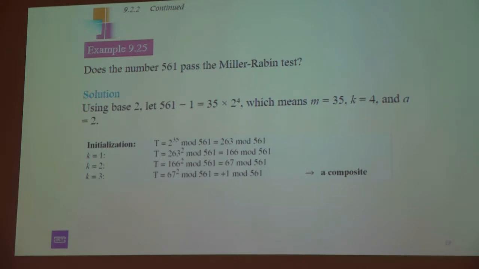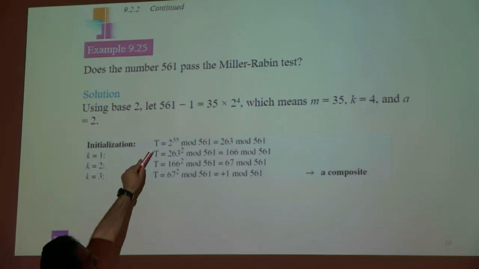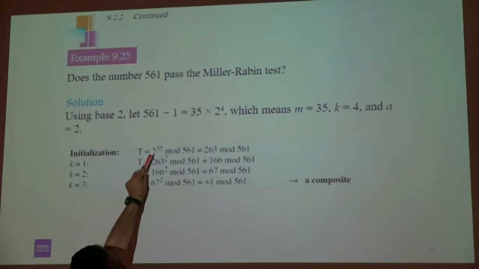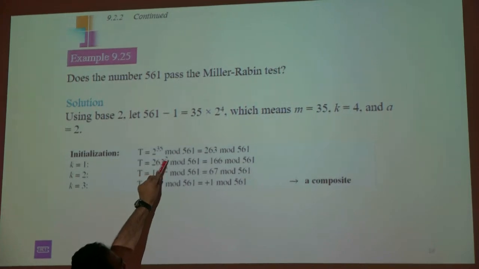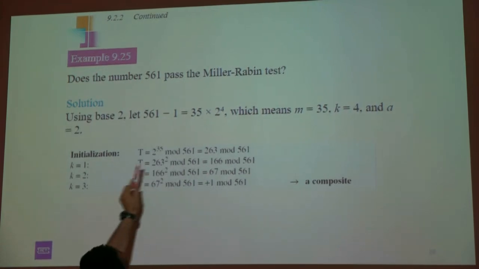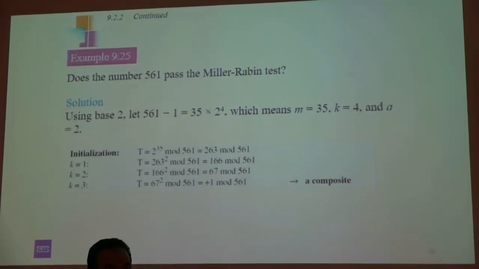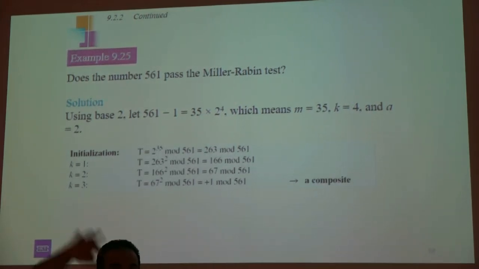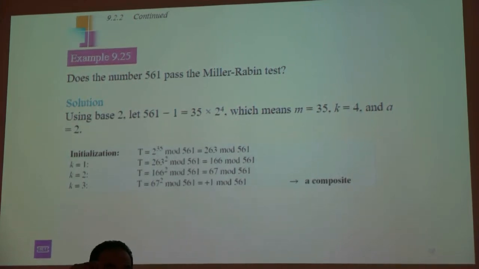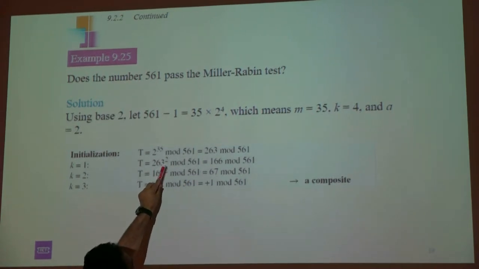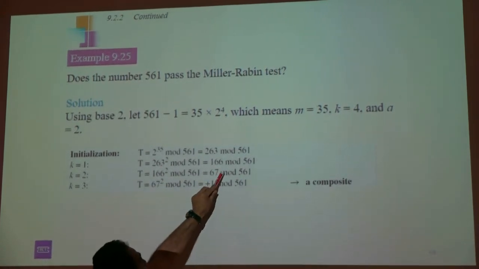So how many k's are you going to have? 1, 2, 3, 4. For initialization, t equals a to the power of m, which is 35, mod 561, which gives me this number. Then you keep squaring: because k is 4, you take the previous number and raise it to the power 2, mod 561, which gives you 166.